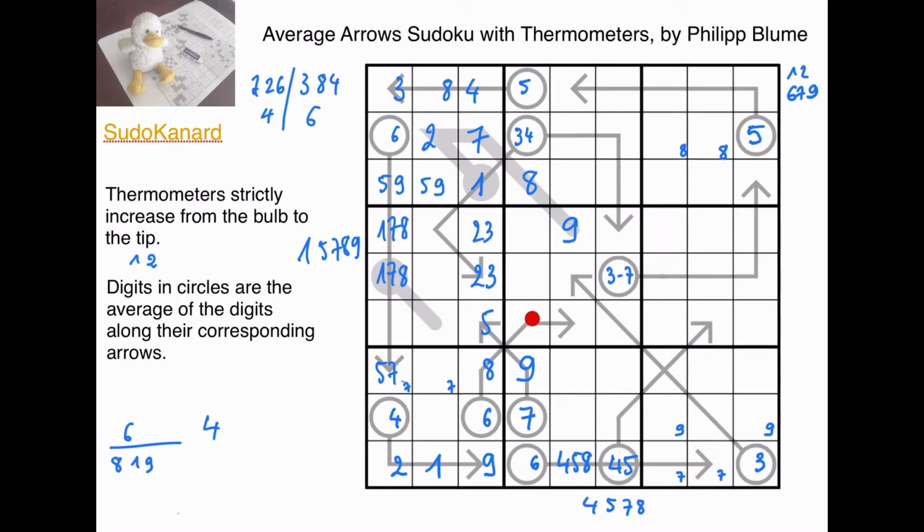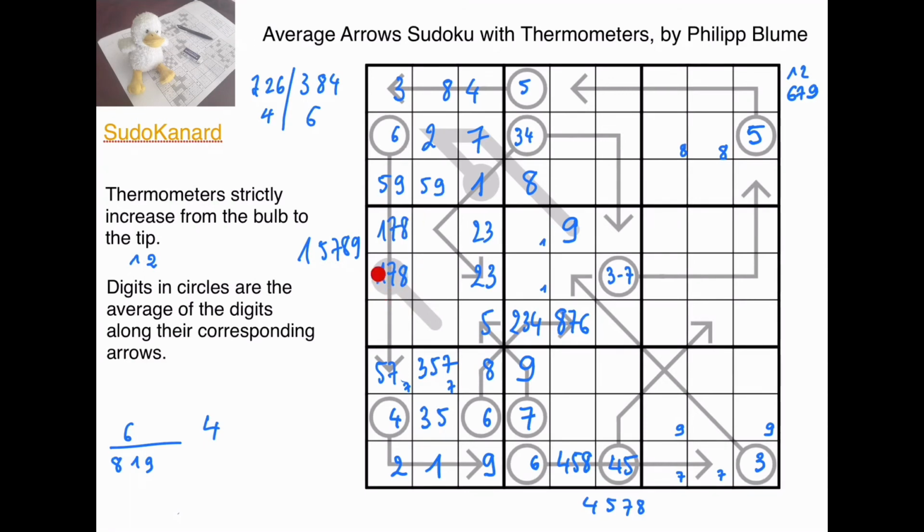Now, those must have a sum of 10. That's a small digit, that's a big digit, and that's not a 9. So the options are 2, 3, 4 together with 8, 7, and 6. And there's a 1 up there. Those now are 5, 7, and 3. This is 3 or 5.